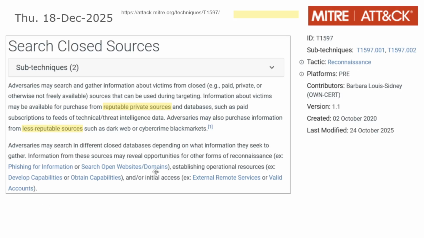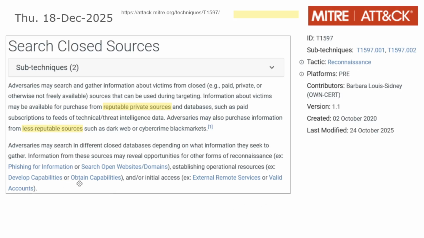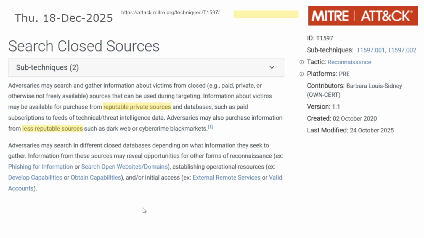Search Open Websites/Domains. Interesting, we covered this, but I will click on that and see if it's different. So Search Open Websites, we covered that technique this week. And Establish Operational Resources, Develop Capabilities, Obtain Capabilities. This whole capabilities stuff we will cover as well.